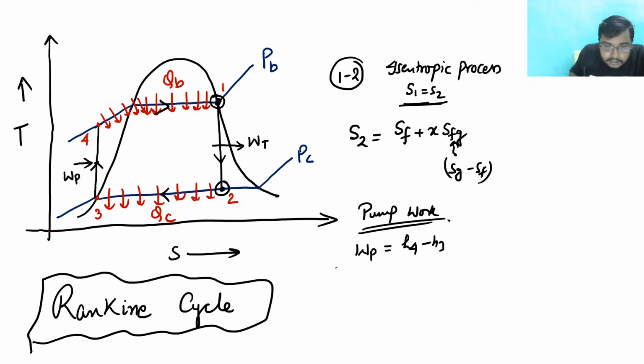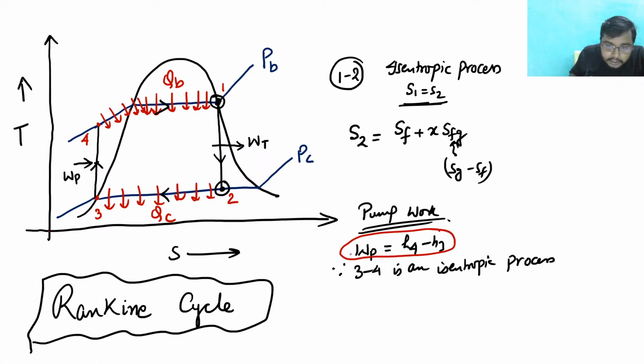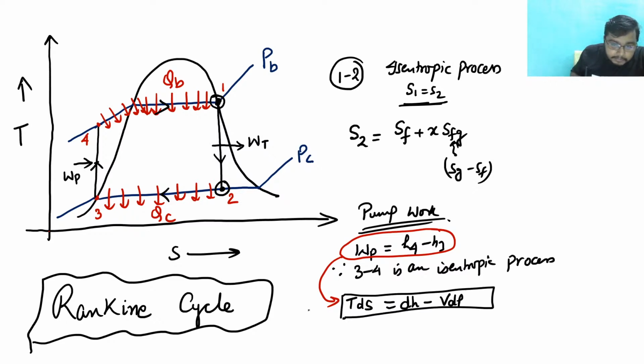Now since 3 to 4 is an isentropic process, this equation can be written as TdS is equal to dH minus VdP.